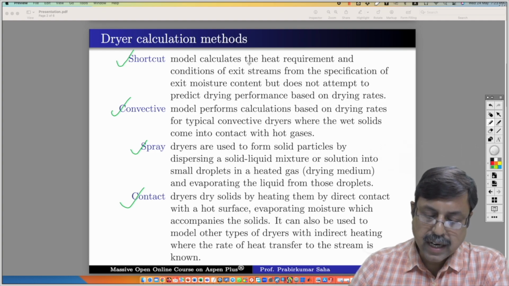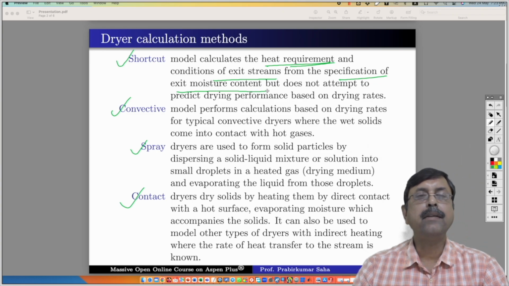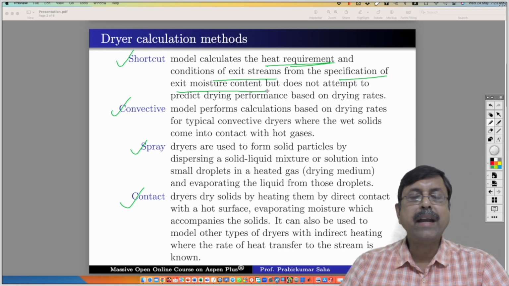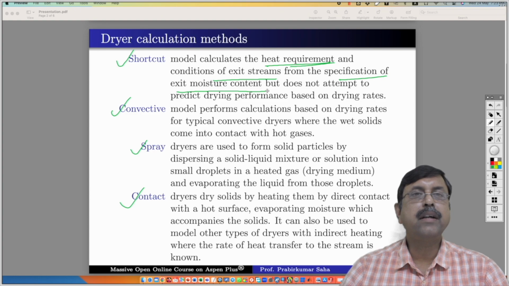The shortcut model calculates the heat requirement and the condition of exit streams from the specification of exit moisture content. Suppose you have a wet solid that is having 10% of moisture content, and the exit moisture content should be anything which is equal or more than the equilibrium moisture content.